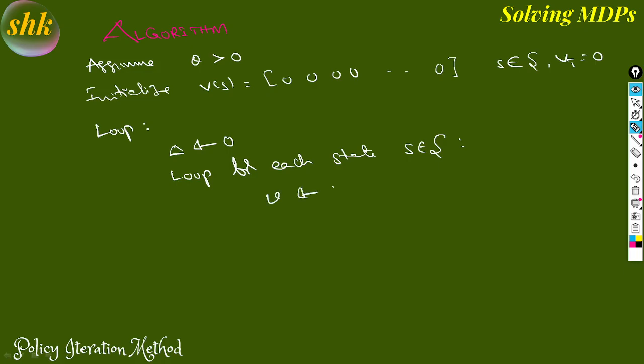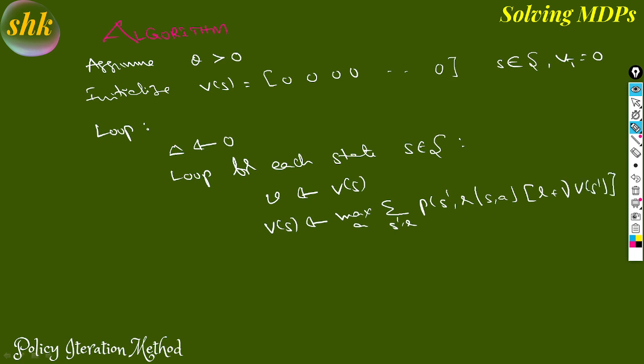First, V of s is assigned to a local variable v. Then we update V of s with the maximum over the actions of the summation over s dash comma r of the probability of s dash with reward r from state s comma a, multiplied by r plus gamma times V of s dash.